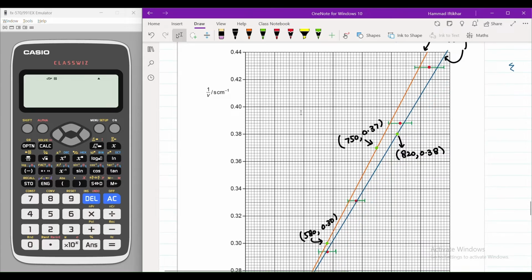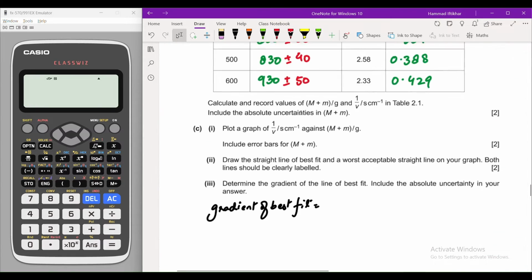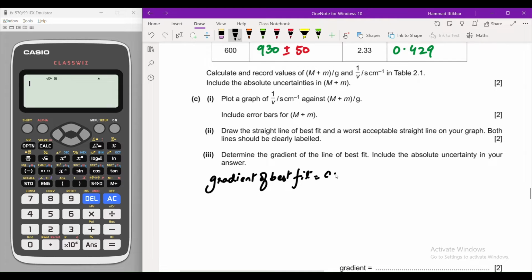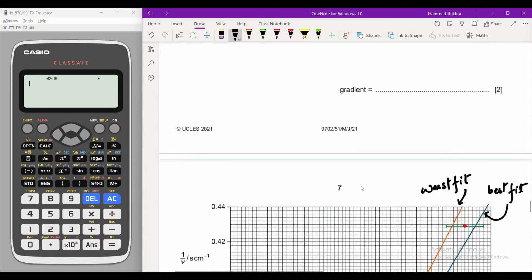We had, sorry, again, 0.38 and 0.22, and the points were 820 and 370.